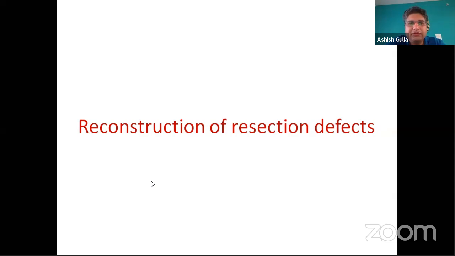Obviously, a lot of general orthopedic surgeons also talk about reconstructing these curetted defects with biological reconstruction. That's why we have included the biological reconstruction of curetted defects in this talk.